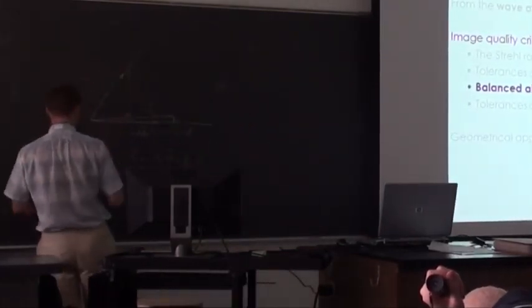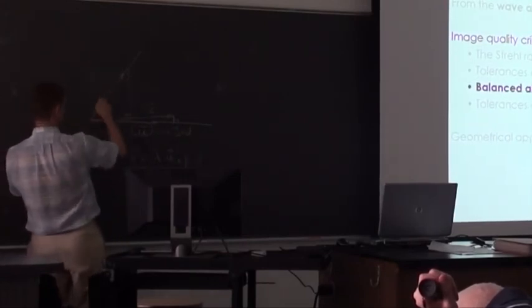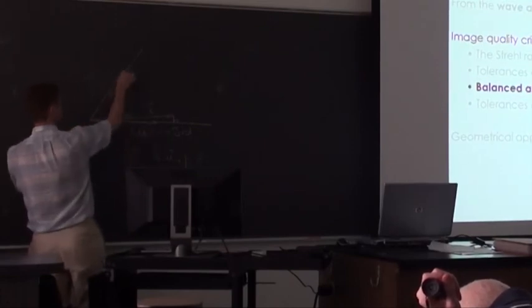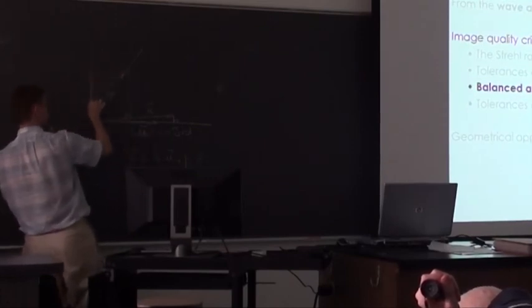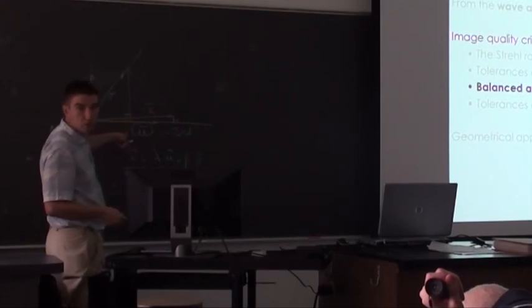Well, then you have to add as much of U such that actually you get V prime, which is V minus some quantity of U. Okay?